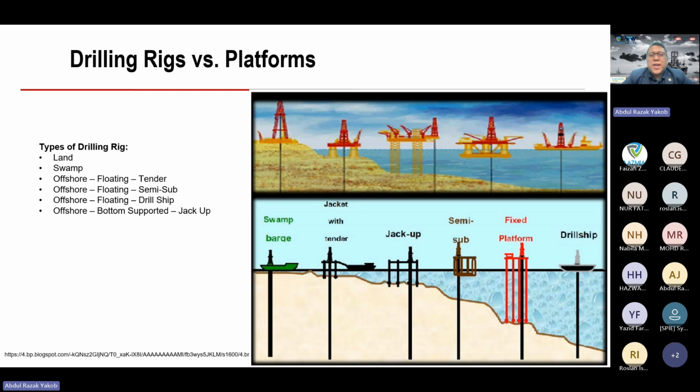If it has legs, then it is a jackup, and if it is put down on the seabed, it is bottom supported. If you have pontoons and it is floating, then it is a semi-sub. And of course, there is always the land rig. Or if there is water but it is in a swamp area, it is a swamp barge.